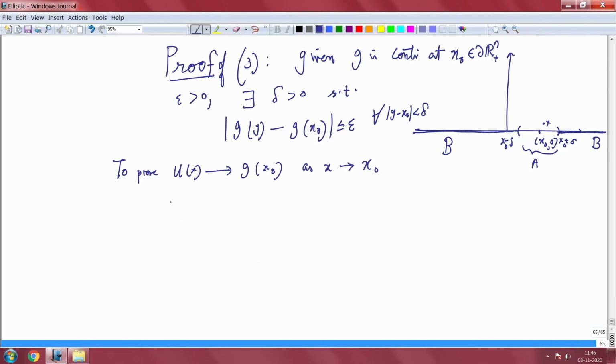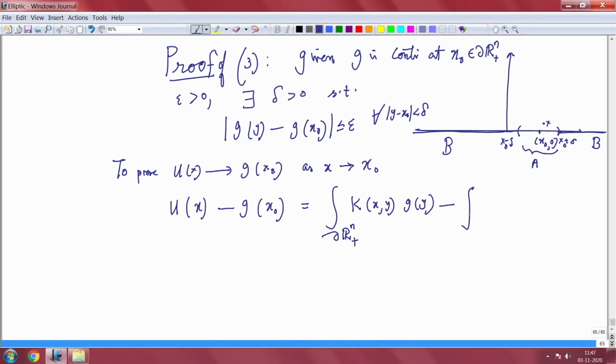So, we write down u x minus g x naught. For u x, we use the properties of that. So, look here, you have the first one is k of x y, g of y, but then this is g x naught, this is on the boundary of Rn plus, and then minus u g x naught, but integral of k x y is 1.